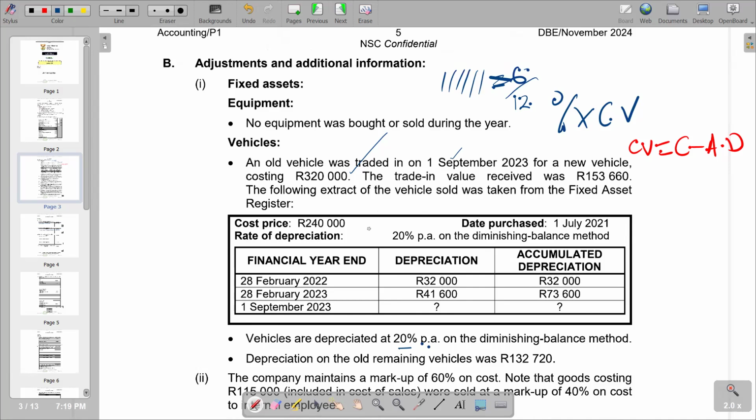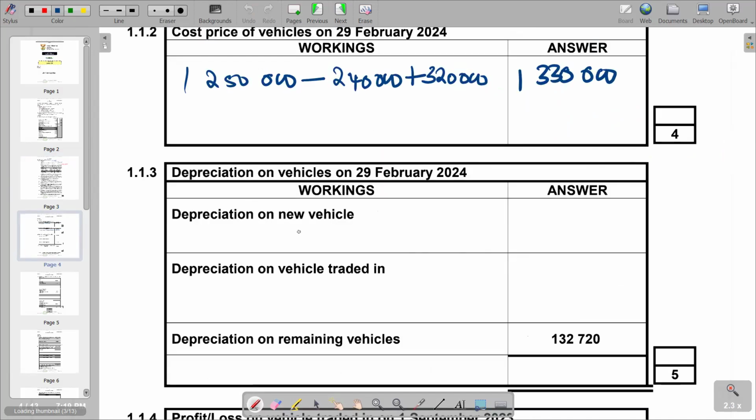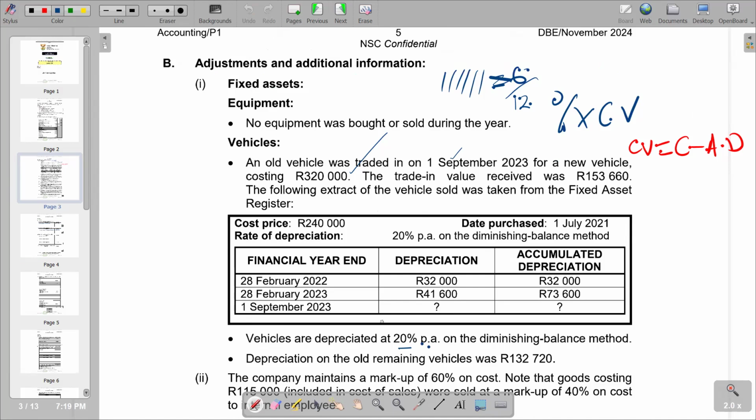So in this case, if you go to our answer section, we have that section for depreciation on a new vehicle, whereby we are going to say 0.2, which is our 20%. Remember, 20% is 20 over 100, and then we multiply by 320,000.